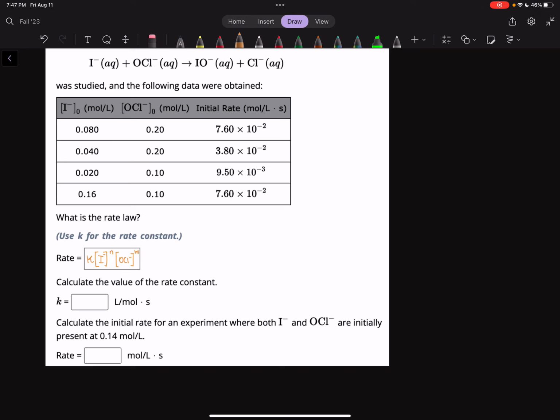And we may have a negative in front as well because they're both going to decrease, right? So we'll put that negative right there. Now calculate the value of the rate constant. All right, so actually no, we won't have the negative because the concentrations are all positive.